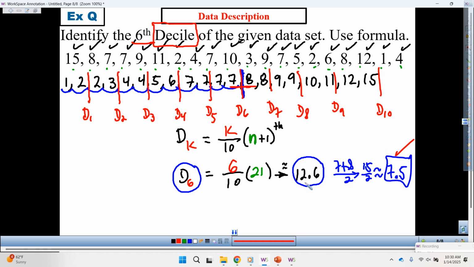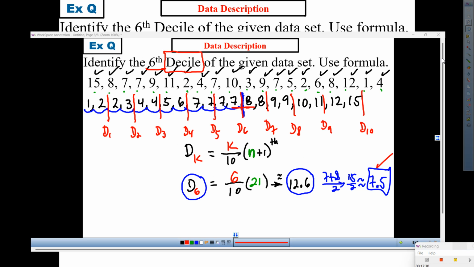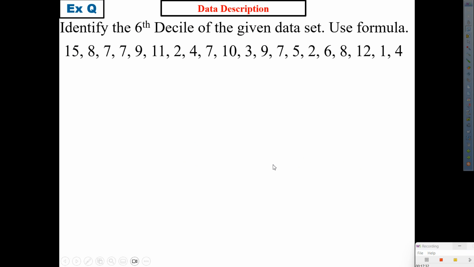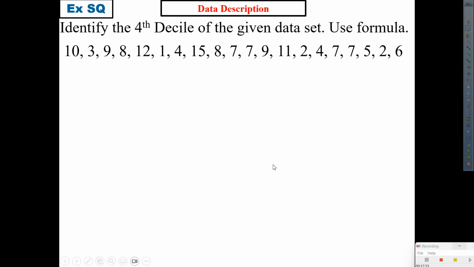All right? So, with that said, send me your notes, please. You're going to do one by yourself. Give me a second. Since we are experts now at finding deciles, let me give you the next problem. Example Super Q reads, identify the 4th decile for the given data set. Use formula, and there's the data set.